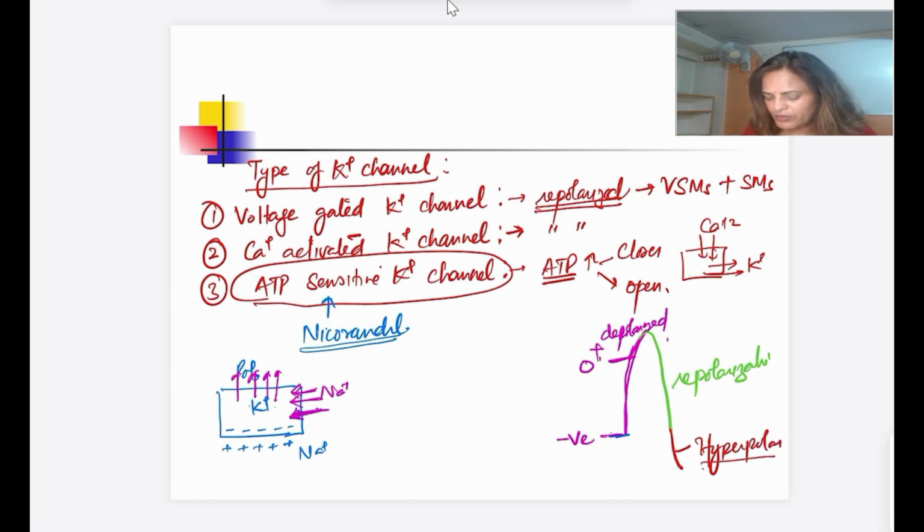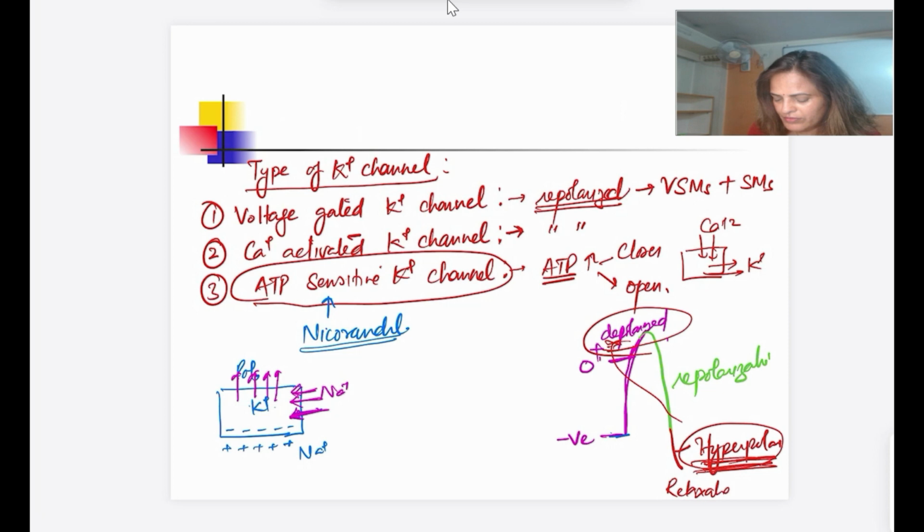Hyperpolarization means it is now more away from depolarization, and depolarization is going to take more effort. So hyperpolarization is going to cause relaxation, and with the relaxation there will be smooth muscle relaxation, vasodilatation, and a fall in blood pressure.